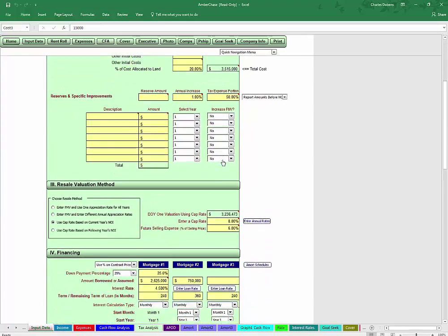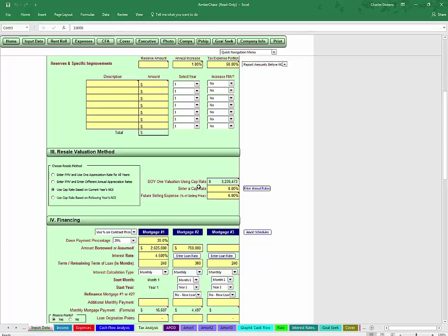Then if we scroll down now, here's something interesting. Obviously, you have already put in the income and the expenses, and from that, we're able to calculate the NOI. And then down here, the software asks you for the cap rate. Now, you've put in an 8 cap. This is based upon your information. I don't know this market. I don't know what this property bears as far as a cap rate.